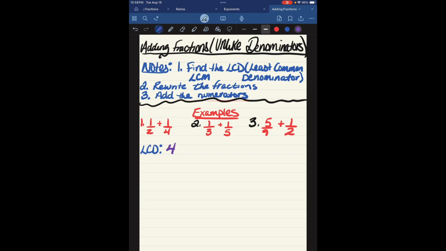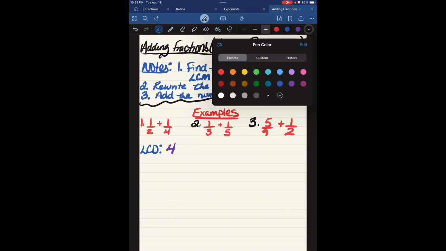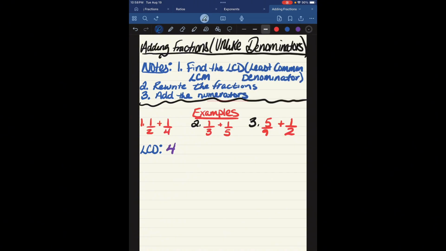So we aren't going to change the 1/4, but we're going to change the 1/2. We're going to multiply it times 2 on the top and the bottom. So now, next step, we're going to rewrite the fractions. 2 times 1 is 2 over 2 times 2 is 4, then plus 1/4, because we kept the 1/4.